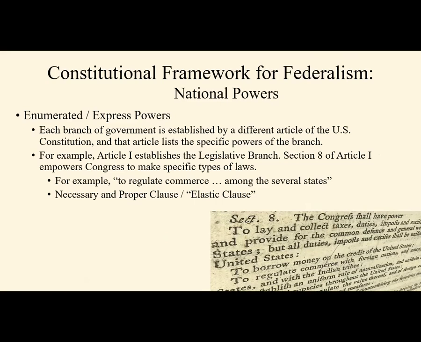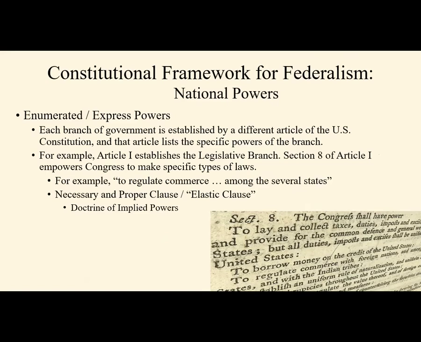And that seems sort of open-ended. And we do consider this language, the elastic clause or the necessary and proper clause, the source of the doctrine of implied powers, that in addition to that list of enumerated powers, Congress can do these other implied things, or has the implied power to do these other things.